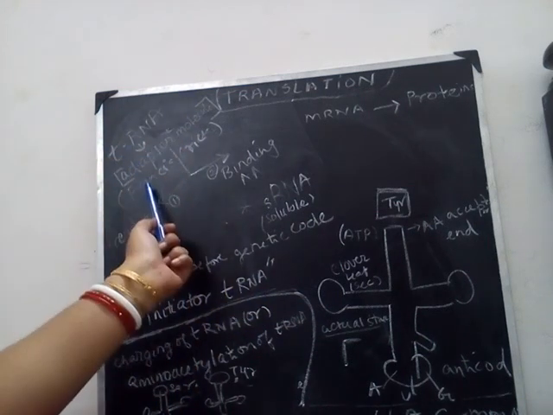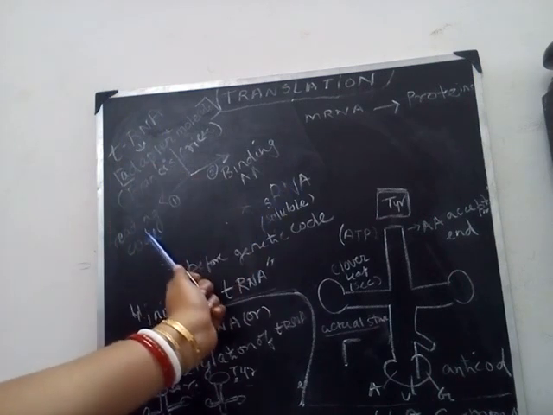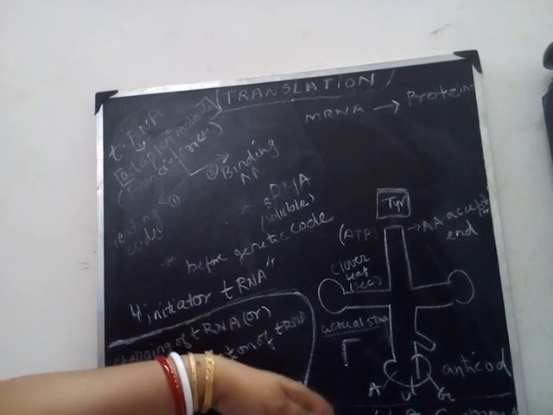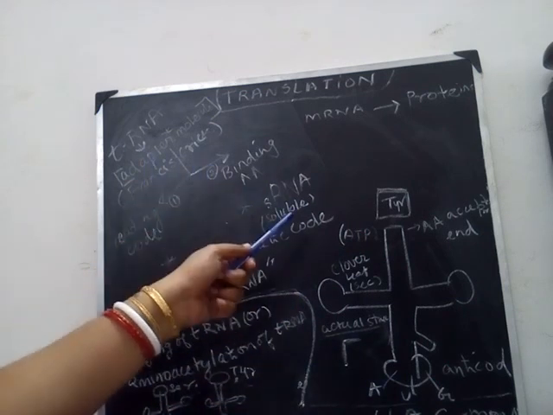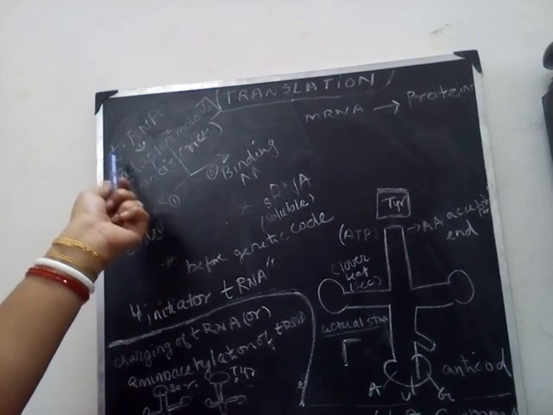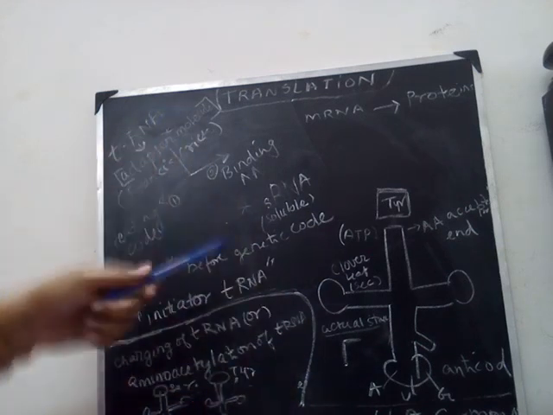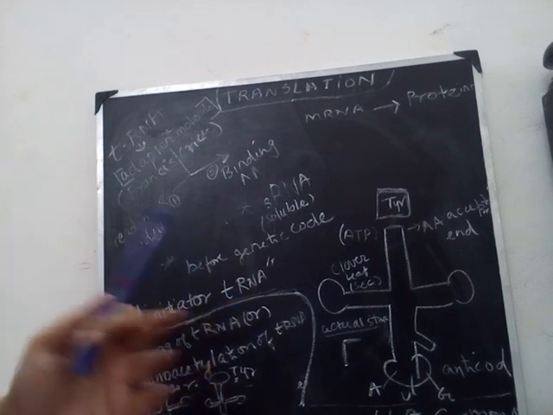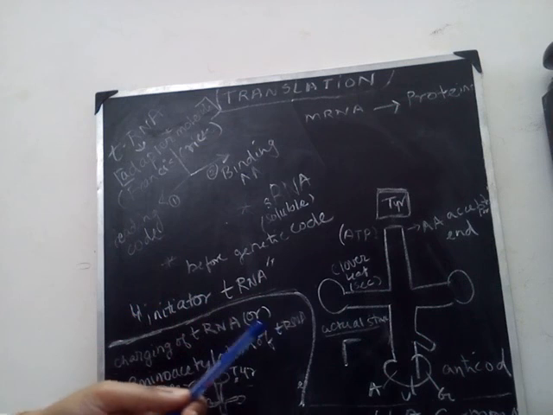He said there must be an adapter molecule that can do both functions: reading the code and binding the amino acid. That adapter molecule later came to be known as transfer RNA, which Francis Crick had already postulated even before the genetic code.